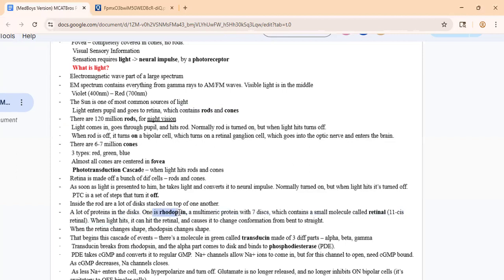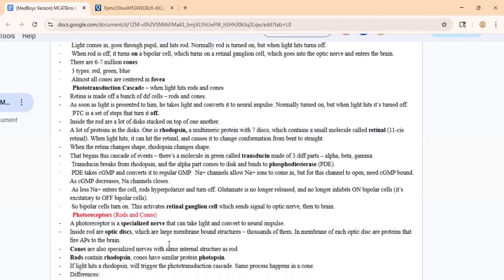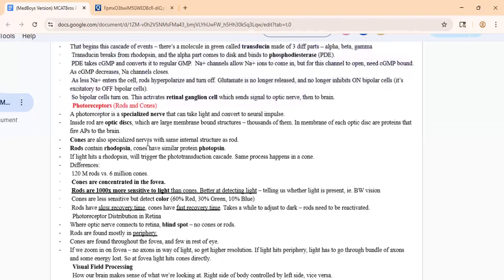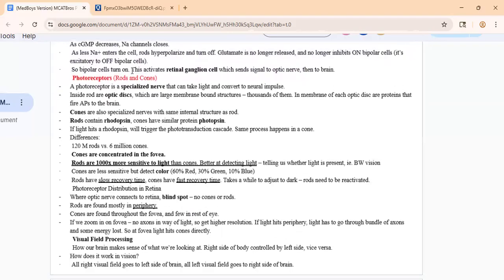For example, rhodopsin is one of the proteins that will bind to a molecule called retinol, and the retinol will react if light comes in, or if light does not come in. This is a lot of biochemistry, so I'm going to skip it. I probably would talk more about things like this if I do the biology section.